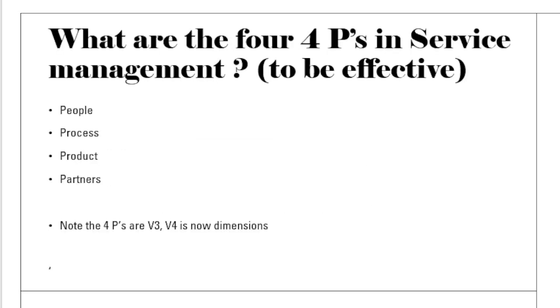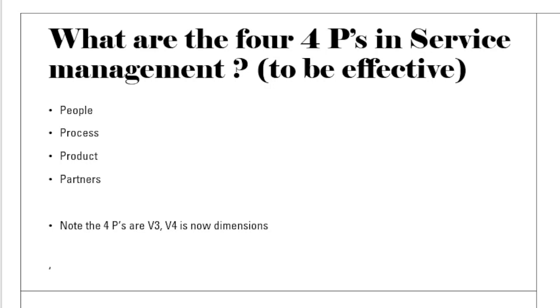Okay, 4 Ps. Increasingly I'm hearing people talk about the 4 Ps in service management, and this has an ITIL angle to it. When people talk about the 4 Ps, it's usually that in order for a service to be effective, you need to think about people, the processes, the product, and the partners.